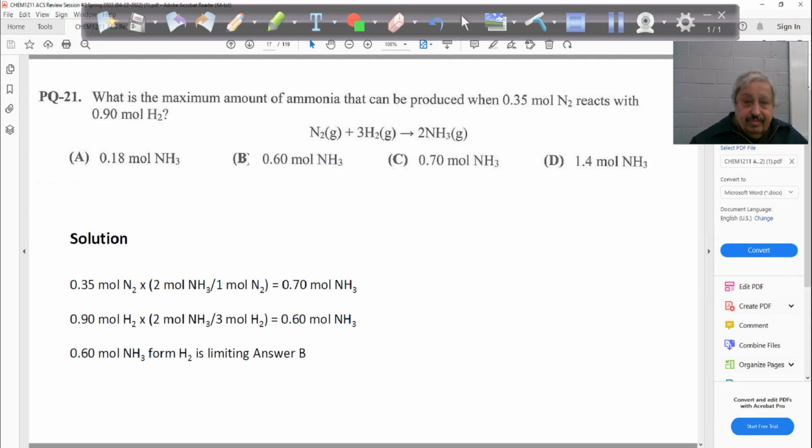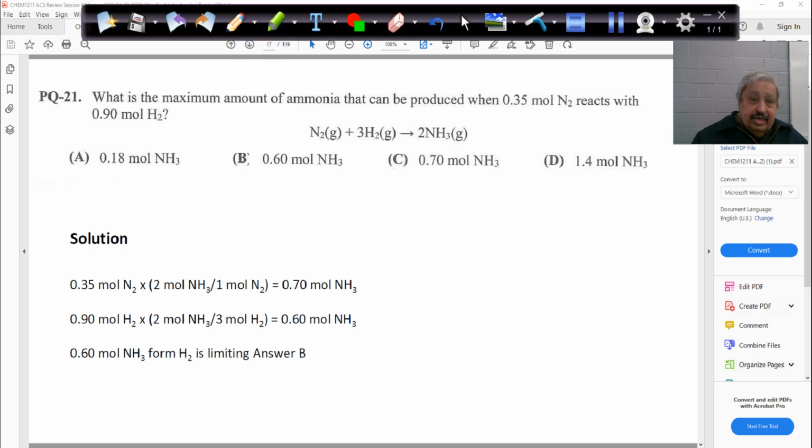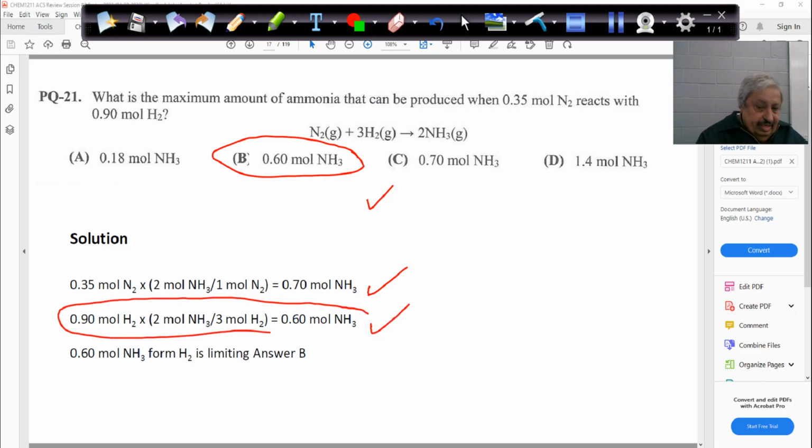Oops, sorry, so not 0.7. No, that's not correct. Theirs is correct this time. I don't agree with many answers, but this one is correct. Nitrogen gives you 0.7 of the product, and hydrogen gives 0.6. Hydrogen is always the limiting one here.